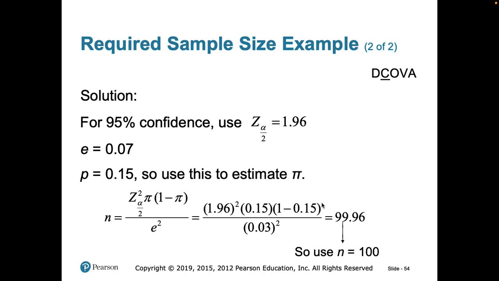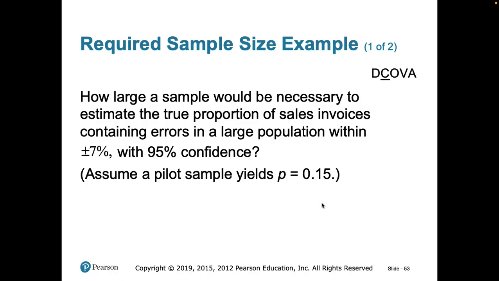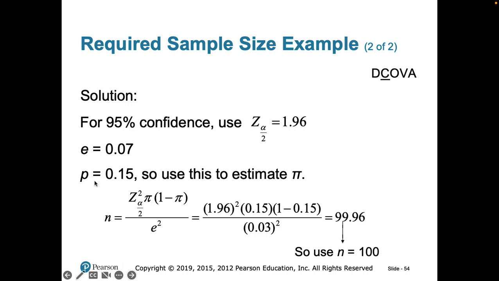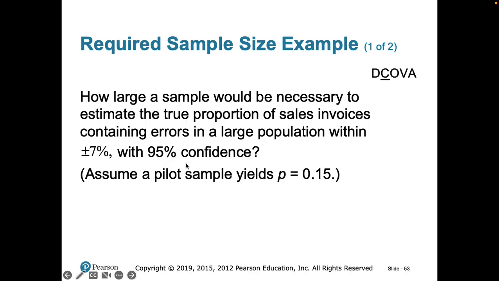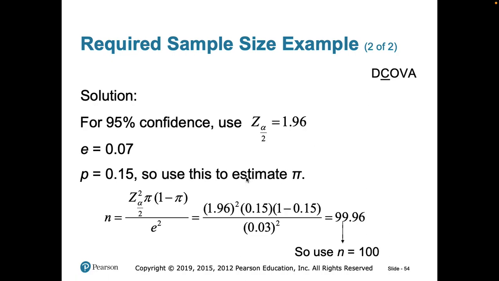Here's our solution. For 95% confidence, you're going to use Z alpha over 2. Remember, for 95% it's 1.96. And the error is given to us by the example, the acceptable error, this 7%. That's what this 0.07 is. And then you have your P of 0.15. Again, we're going to assume a pilot sample yields the population proportion of 0.15.